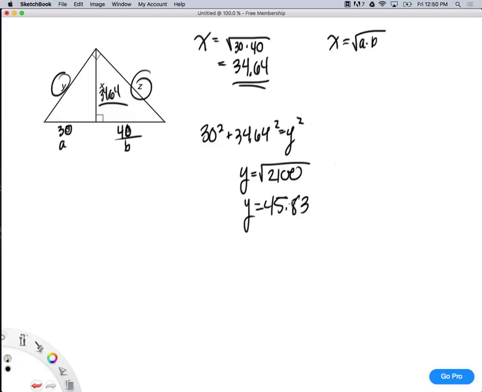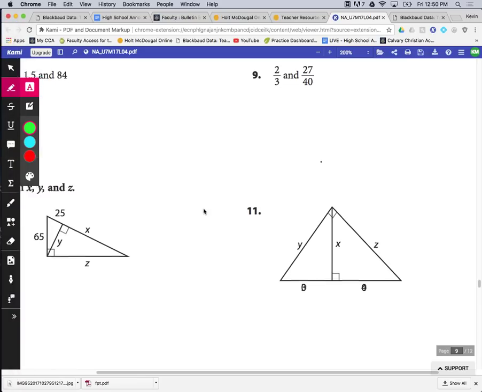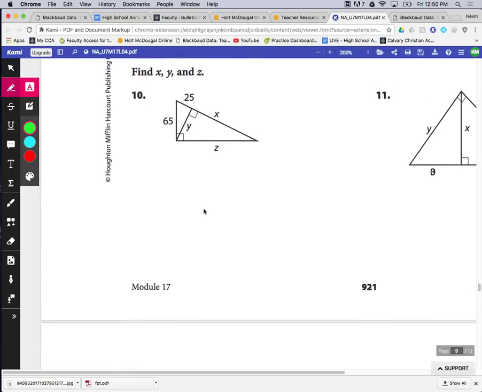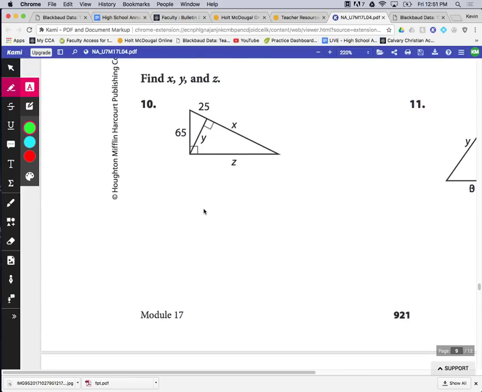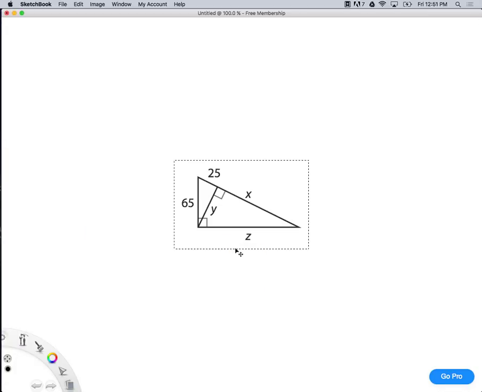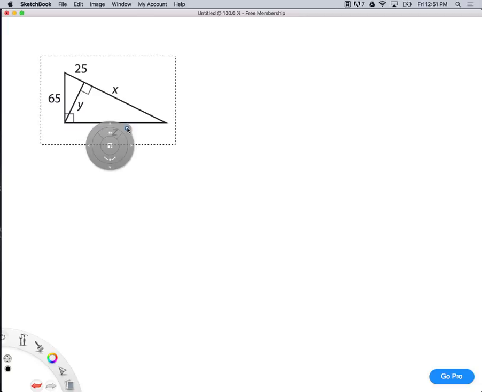Okay, last example. Number 10. How do I find y? Look at this, class.